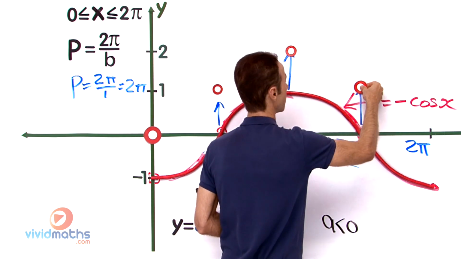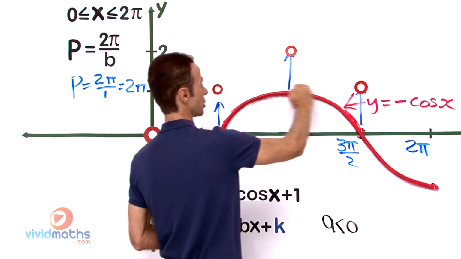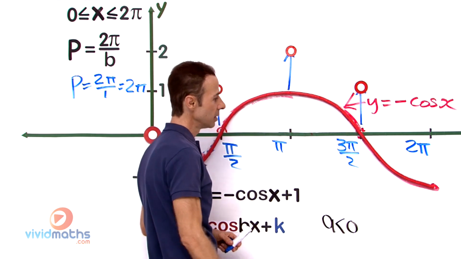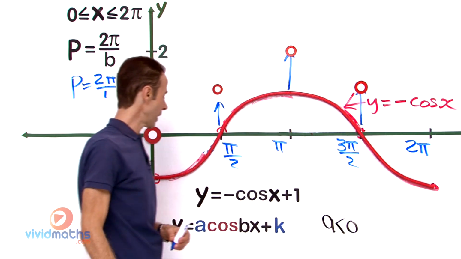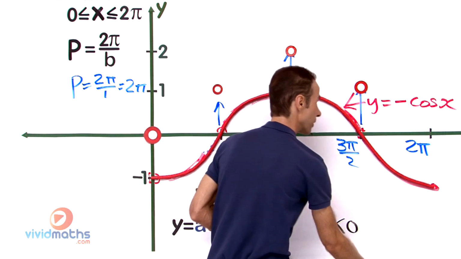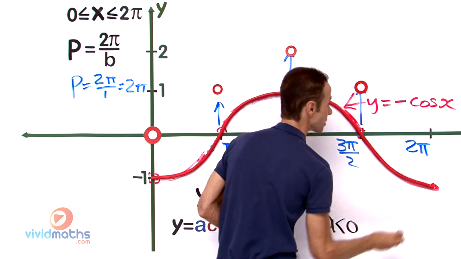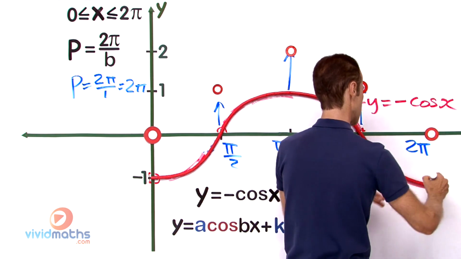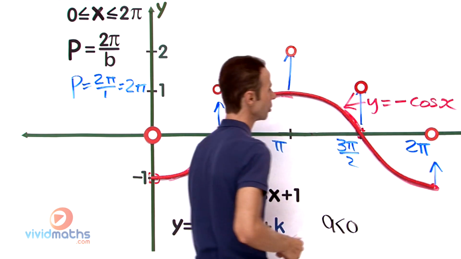Let's put that there. And finally, down here we have 2 pi, negative 1. That point's going to go up to 2 pi, 0, right there on the x-axis. So they're all going vertically up.